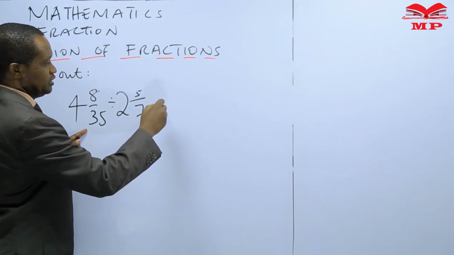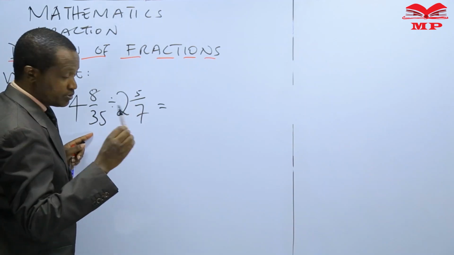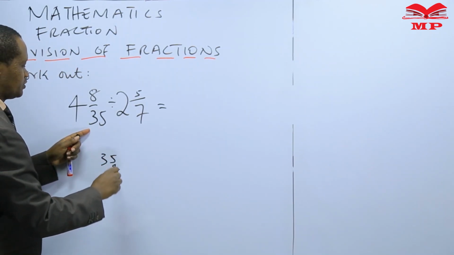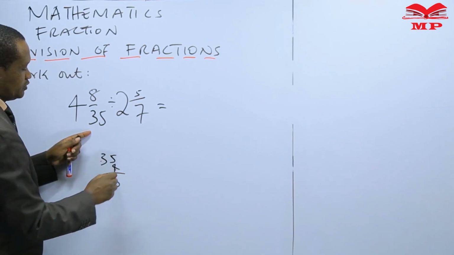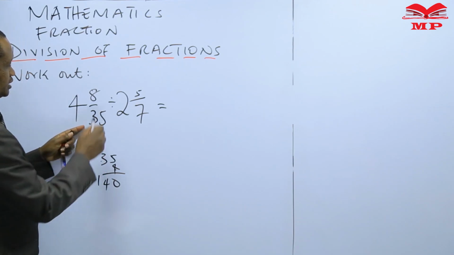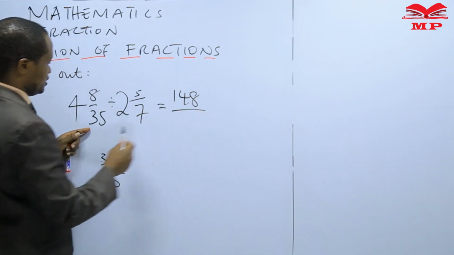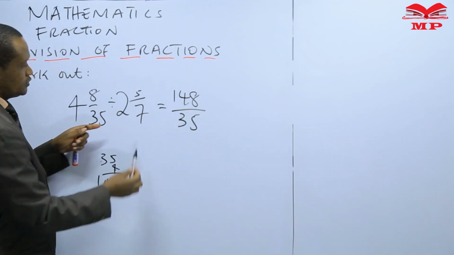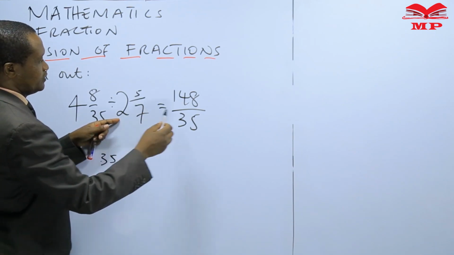Step 1. If you have mixed numbers, convert the mixed numbers to improper fraction. 4 times 35, here you have 140. 3 times 4, 12 plus 2, 14. Plus 8, 148/35. 7 times 2, 14 plus 5, 19.